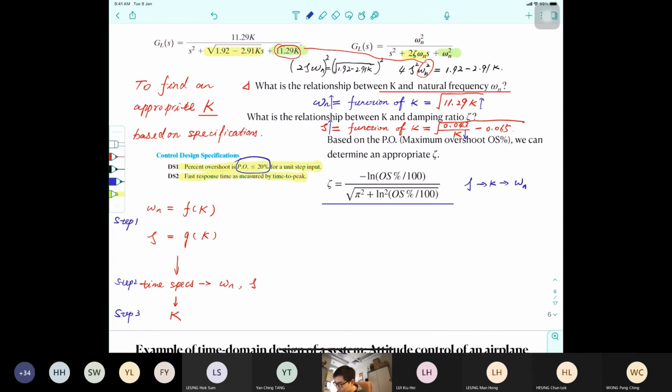So here I want you to calculate what zeta is when the percentage overshoot is 20, based on this equation. Calculate it and see what it equals. Use your calculator.